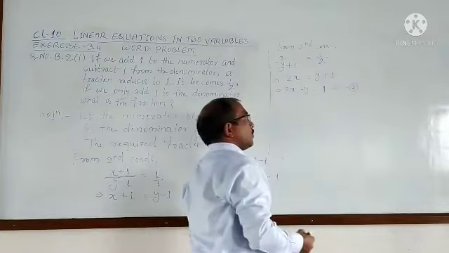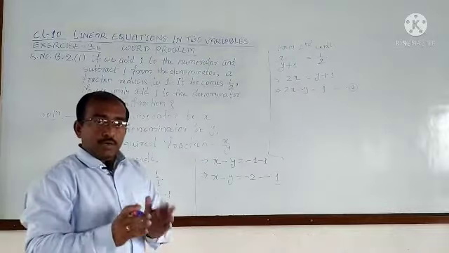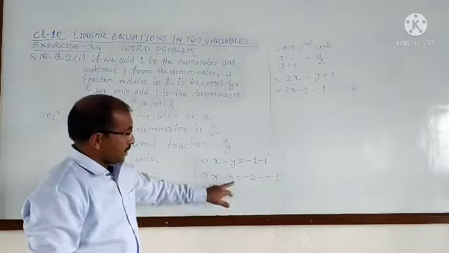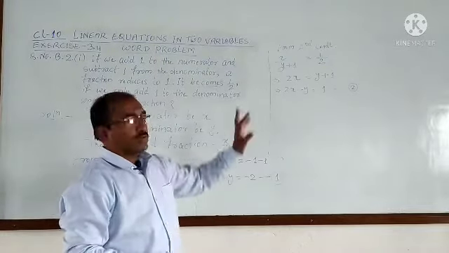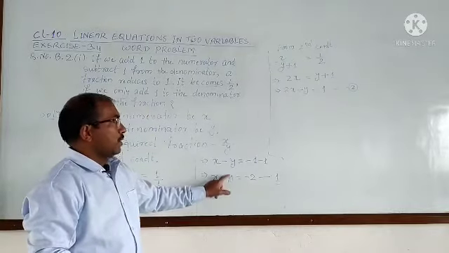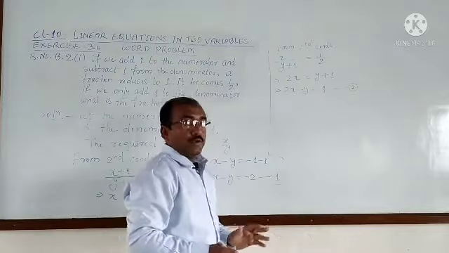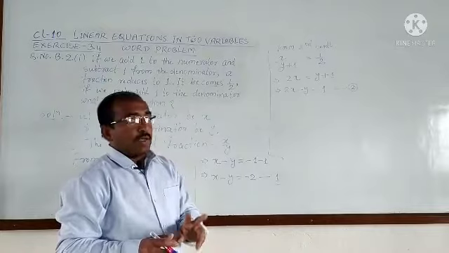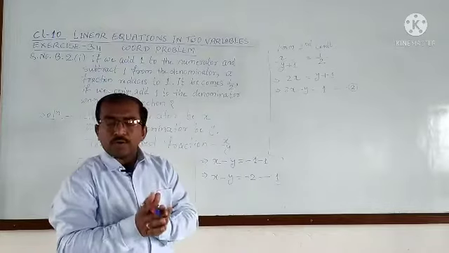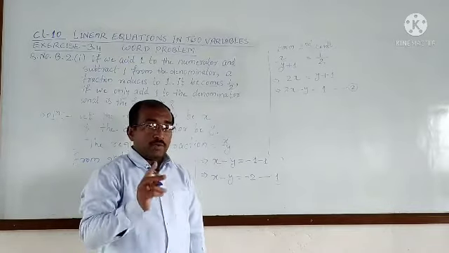Now we have to solve by the elimination method. So what does the elimination method say? Elimination by equating the coefficients. When we see these two equations, minus y, that means this y variable has equal coefficients, minus 1 here and minus 1 there. To make them 0, how will we do it? You will be knowing, the terms which have equal coefficients, we will make them 0, and we need to notice their sign.